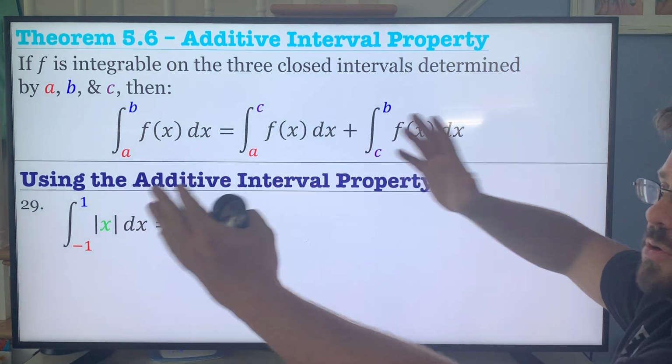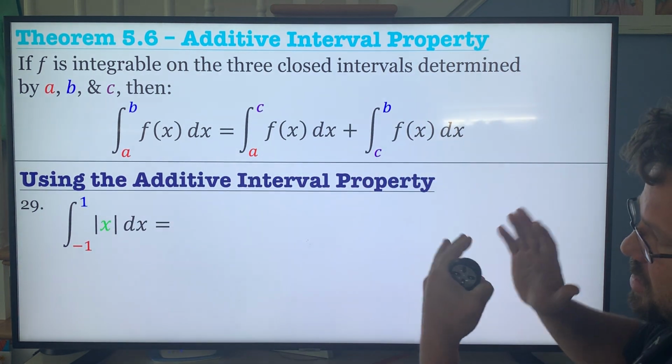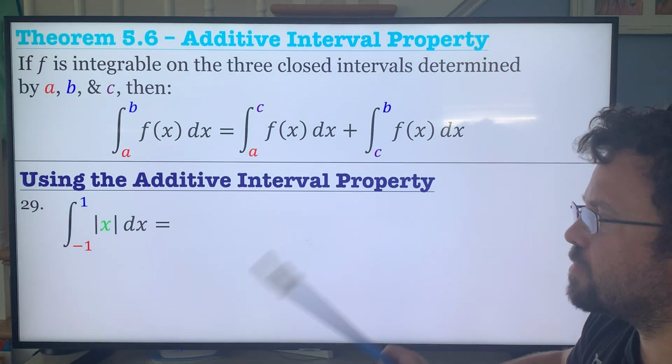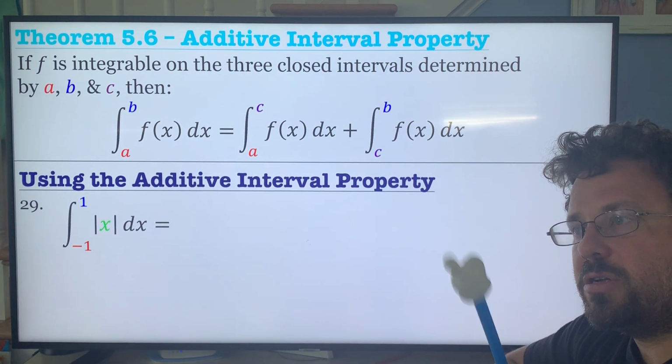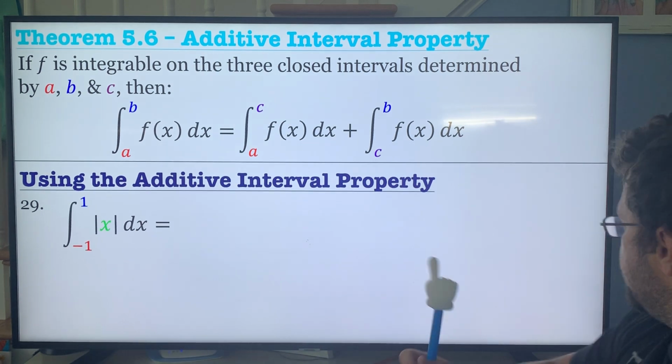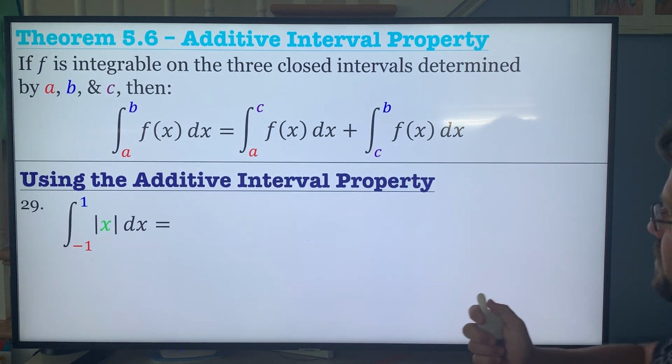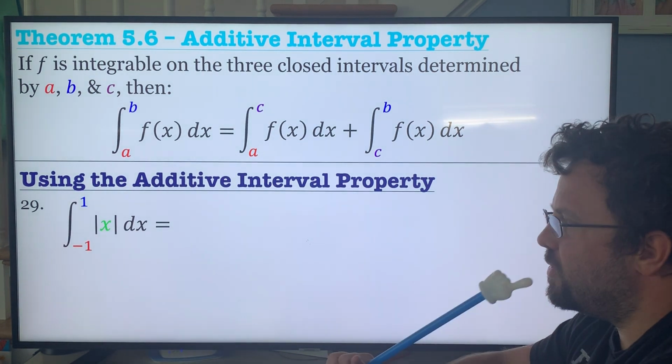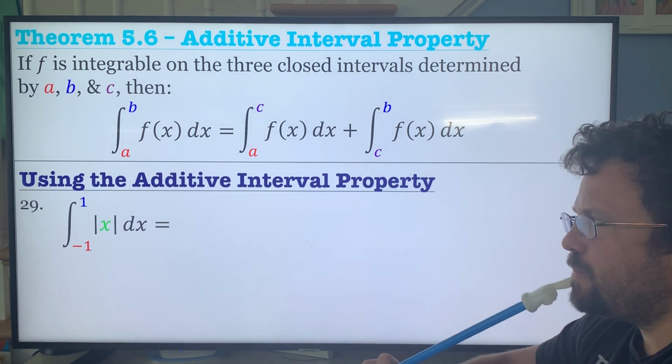That means if you have two portions of a graph, you can add the two portions to give you the big portion. You would use this when you're doing absolute value. That is the main and only reason you would really use this. So, using the addition interval property, you remember how to do absolute value?